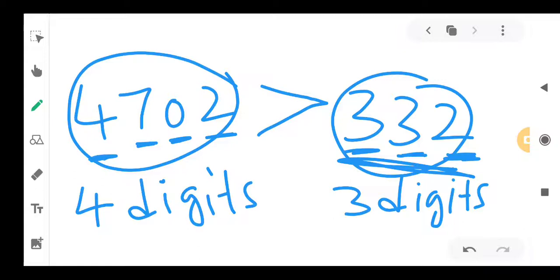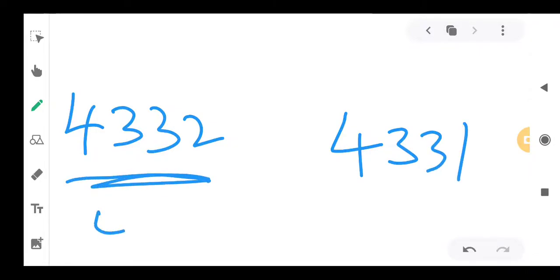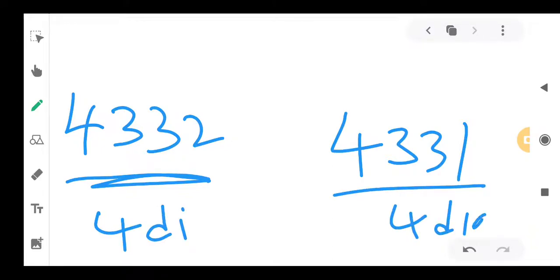So in comparison of numbers, first of all we have to compare the digits. Whichever has more digits will be the bigger number. If two numbers have the same number of digits, then how to find? Yes, if this is the first number and this is the second number, in this there are 4 digits and in this also there are 4 digits.